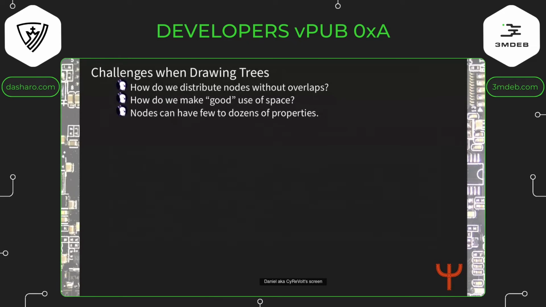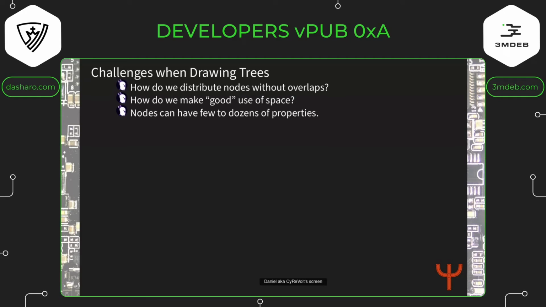So now there are a few challenges with that, and I want to briefly talk about them, not go too much into detail because we keep it short here. So one question is, how do we actually distribute those nodes, right? They must not overlap, at least it would be good for a start so that you actually get a bit of an overview. So they need to be nicely distributed.